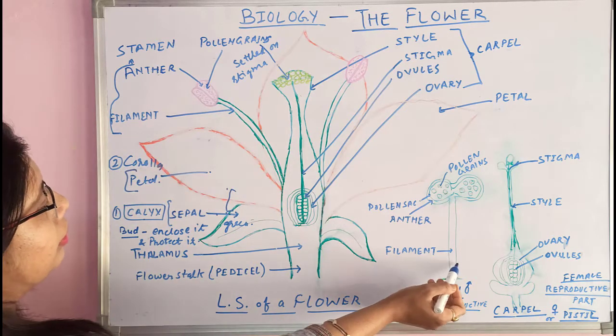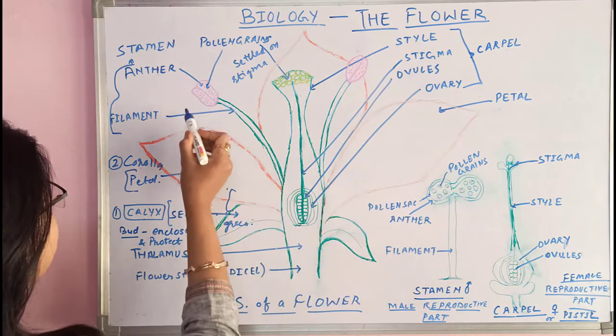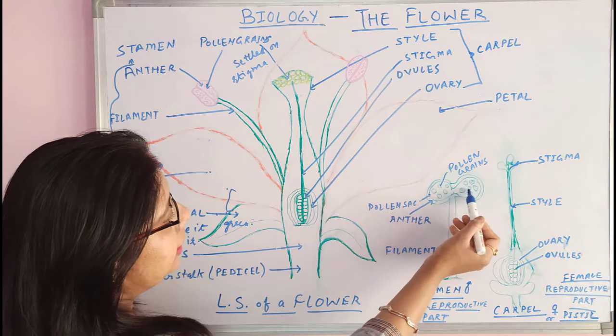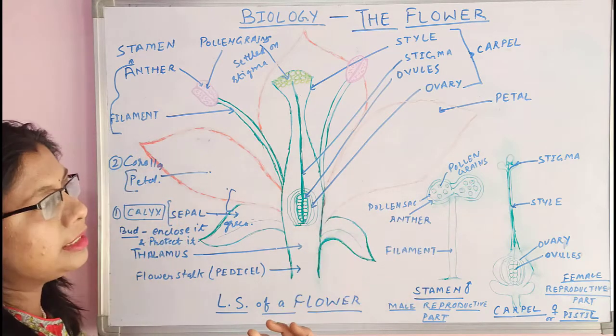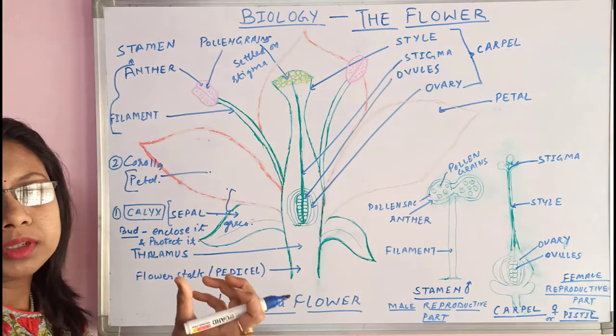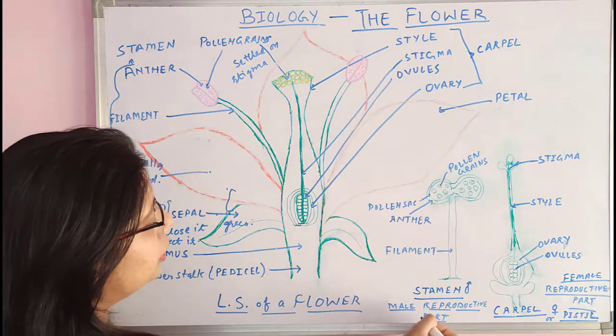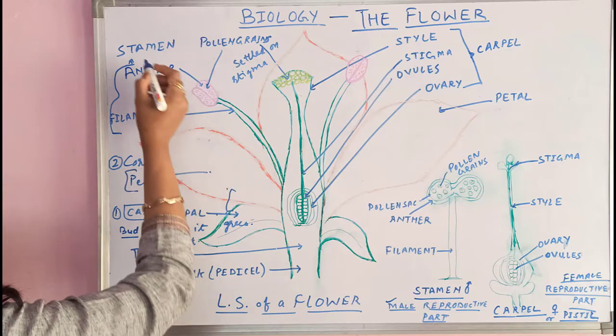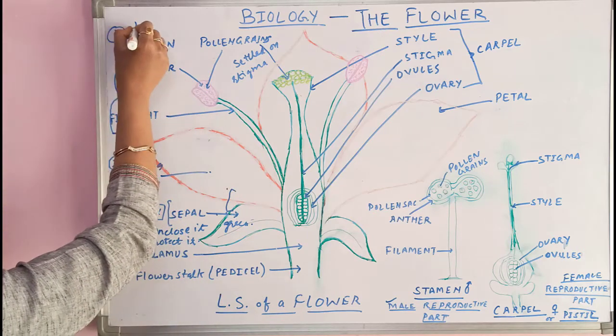On the filament there is the anther. The anther has pollen sacs in it, which contain the pollen grains. This is the male reproductive part of a flower, which forms the third whorl. This one is the androecium.